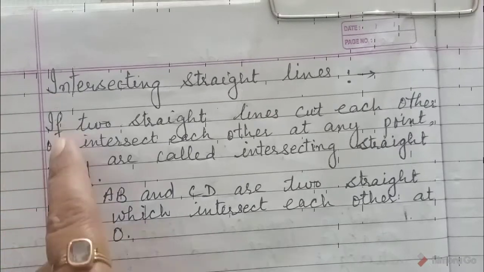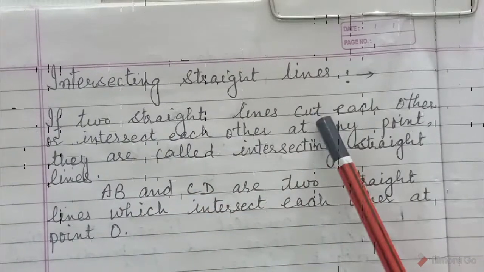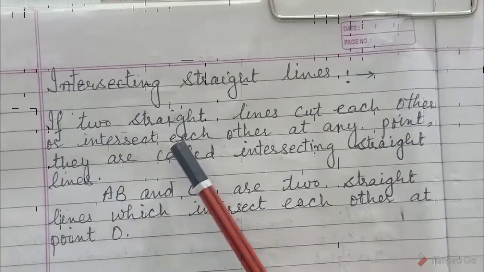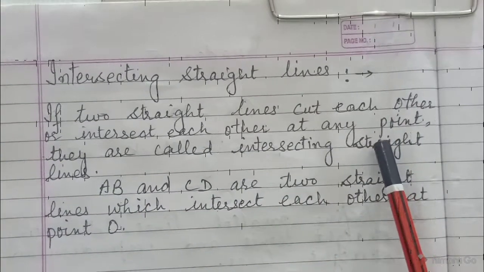In a geometrical way, we can say that if two straight lines cut each other or intersect each other at any point, they are called intersecting straight lines.